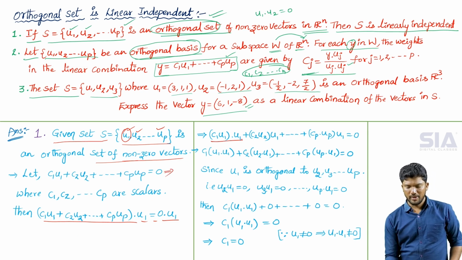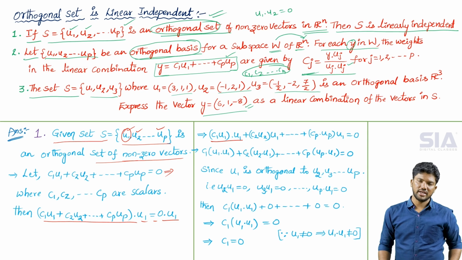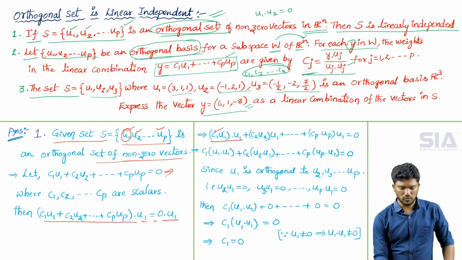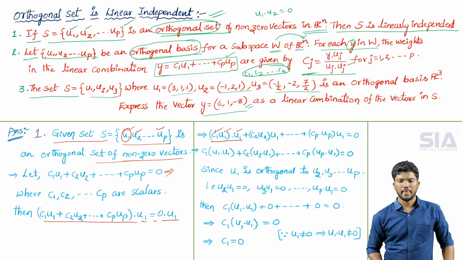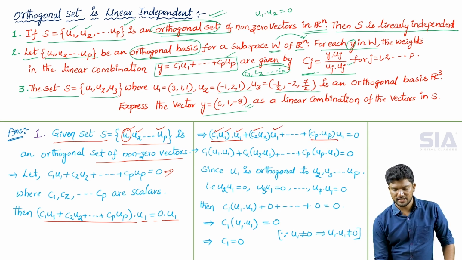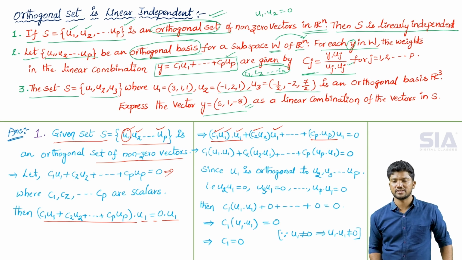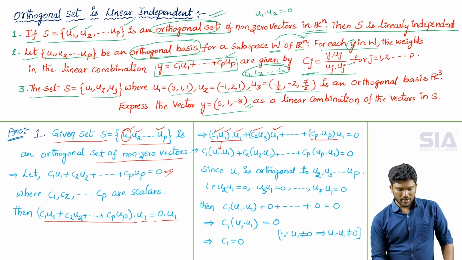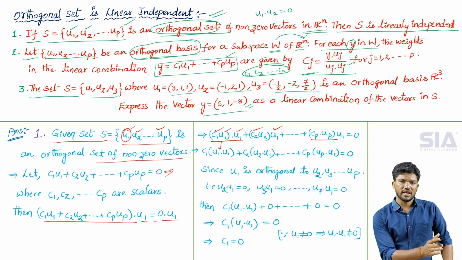Now multiplying with u1 for each and every term in that linear combination, then you will get C1 u1 into u suffix 1 plus C2 u2 into u suffix 1 plus up to so on C suffix p u suffix p into u suffix 1 equal to 0, from the properties of the inner products. So therefore from the third property of the inner product we can separate the scalar value and write it outside.